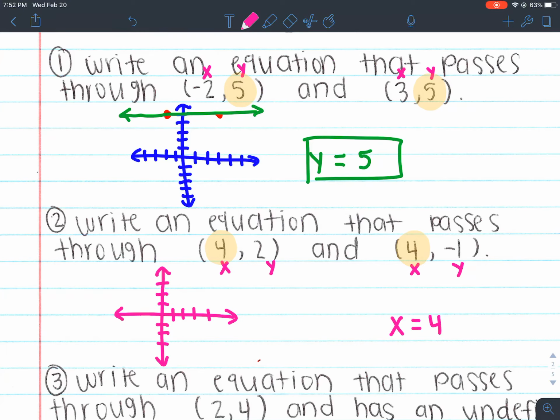Okay, so I have 4, positive 2, and then I have 4, negative 1. I want to draw a line that passes through both of those, so that's going to be a vertical line, so x equals, and it goes through the value of positive 4. Okay, so you get the same answer regardless. You do not have to draw a graph if you can do it in your head or if you already recognize it. I am okay with that. There's not a lot of work for these.